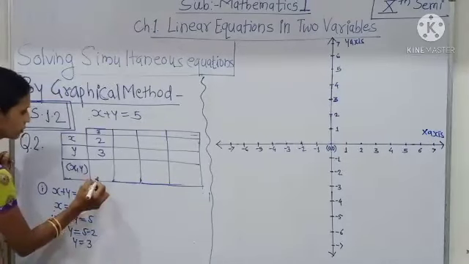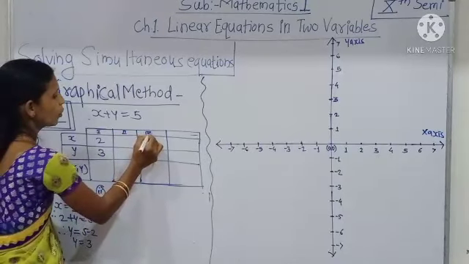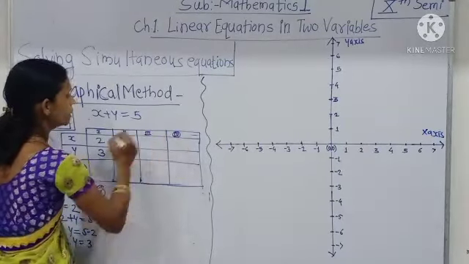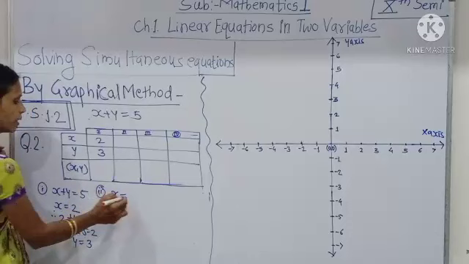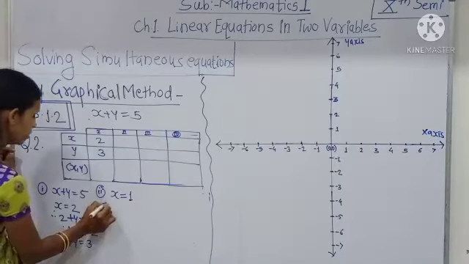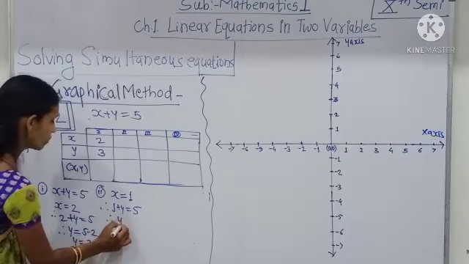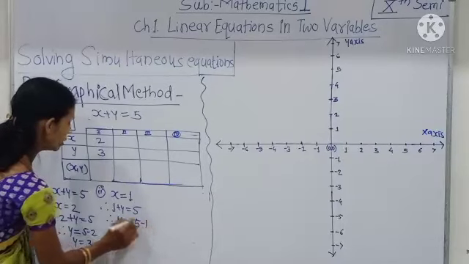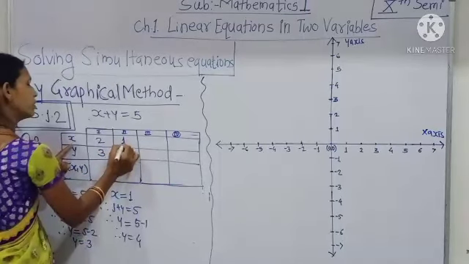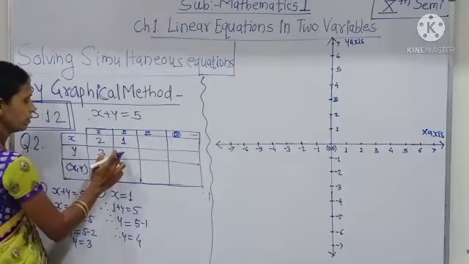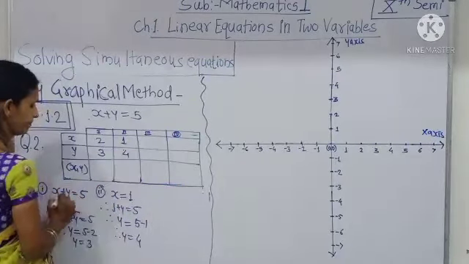Similarly, we can get 3 more ordered pair sets to plot the graph of the linear equation in two variables. Consider x is equal to 1. Therefore, 1 plus y is equal to 5, and therefore y is equal to 5 minus 1, and therefore y is equal to 4. When the value of x is 1, then the y coordinate is 4.